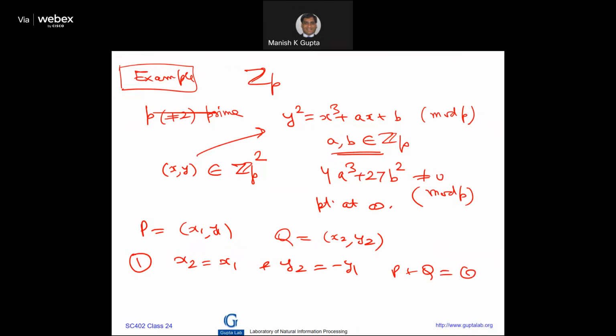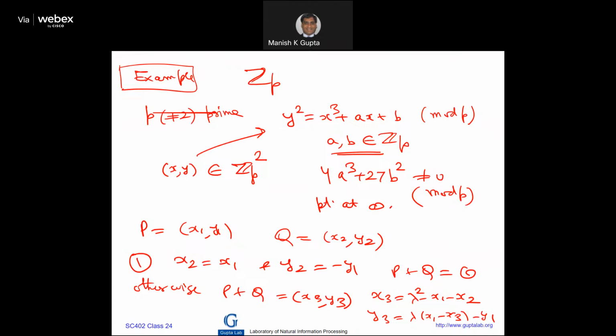Otherwise, P plus Q is equal to x3 comma y3, where x3 is lambda square minus x1 minus x2 and y3 is lambda times x1 minus x3 minus y1.